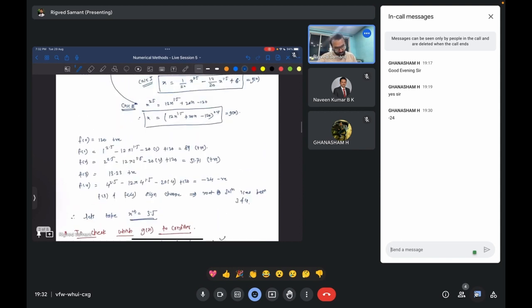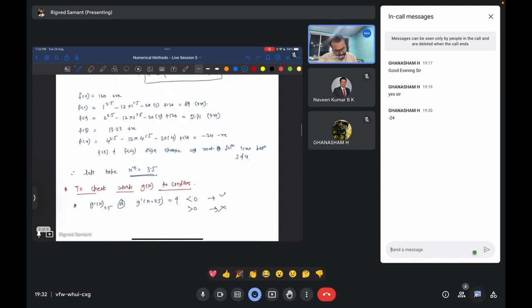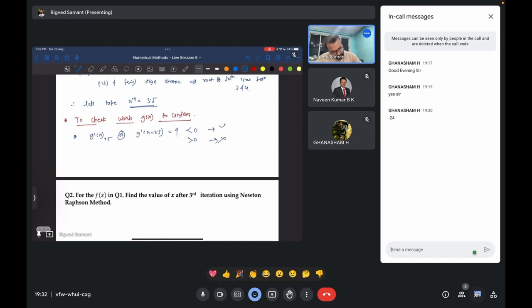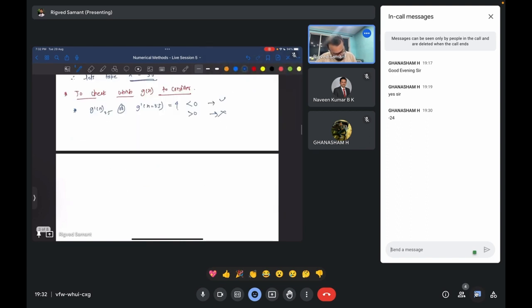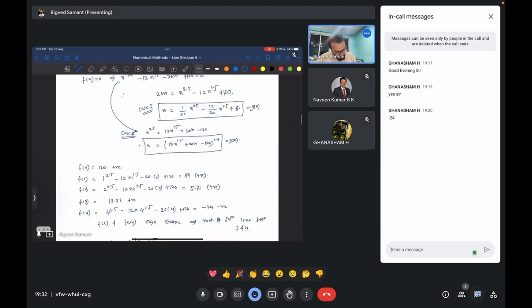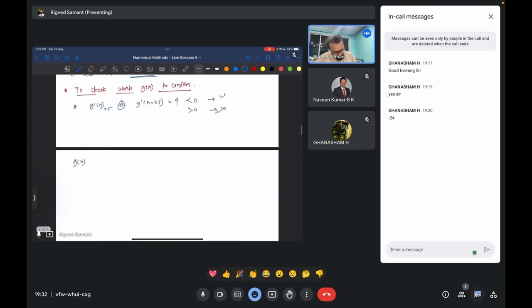So for the first function, g of x is 1 by 20 x raised to 2.5 minus 12 by 20 x raised to 1.5 plus 6.